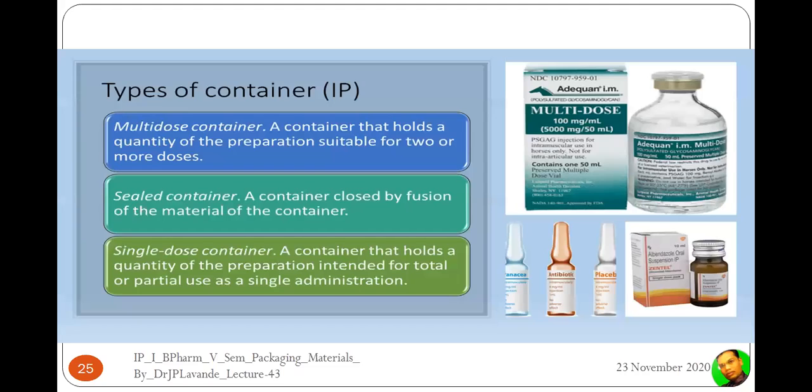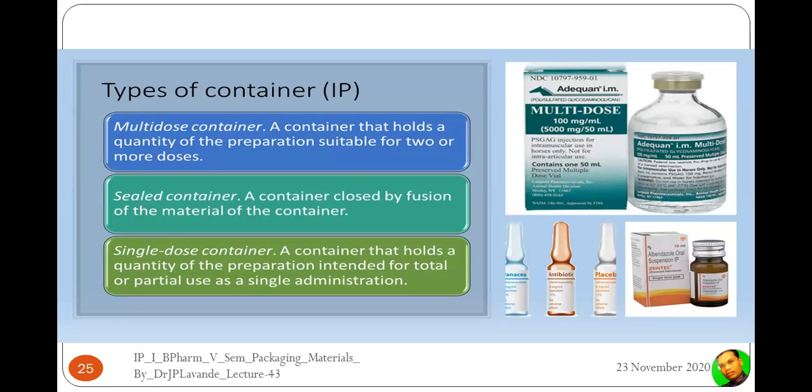There are multi-dose containers, there are sealed containers, and there is a single dose container. What the single dose container is? It is a container that holds a quantity of the preparation intended for total or partial use as a single administration, like say the ampule. So an ampule is just for single use, right?